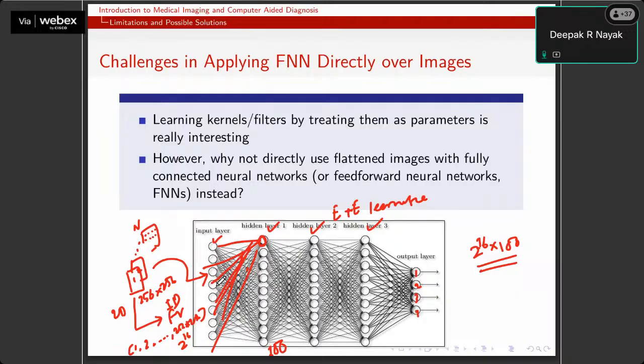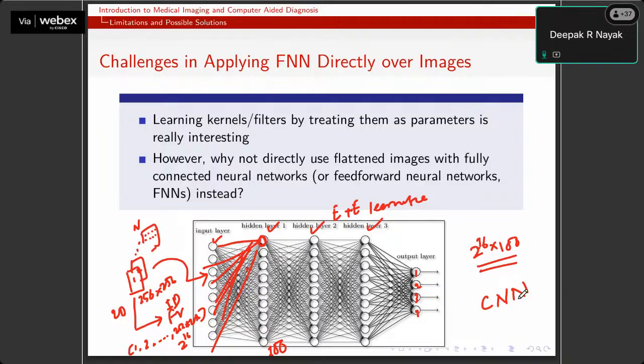So these are the two major reasons why we are not interested in processing these images with the help of a traditional neural network. Rather, we are interested in processing the images with the help of a convolutional neural network. In a convolutional neural network, you need not transform the image into a one-dimensional vector. That is the first point.